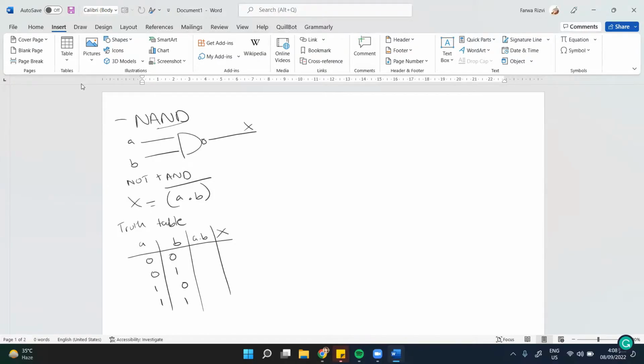When we multiply the first two, it's going to be 0, 0, 0, 1. And for X, we just invert this column, so it's going to be 1, 1, 1, 0.